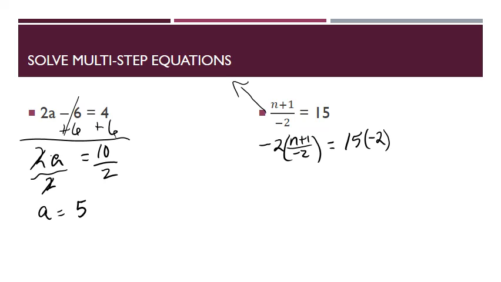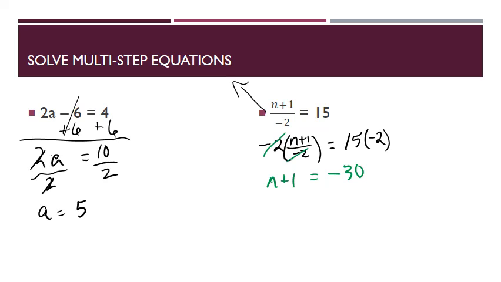And we'll just change colors just for fun. Let's go to green. Well, right here, the negative 2's are going to cancel. And that's just going to leave me with n plus 1. And on the right-hand side, when I multiply 15 times negative 2, I'm going to get negative 30.